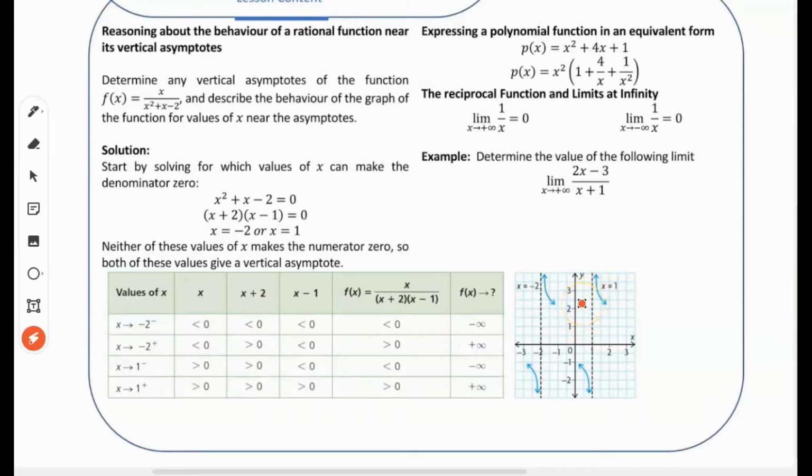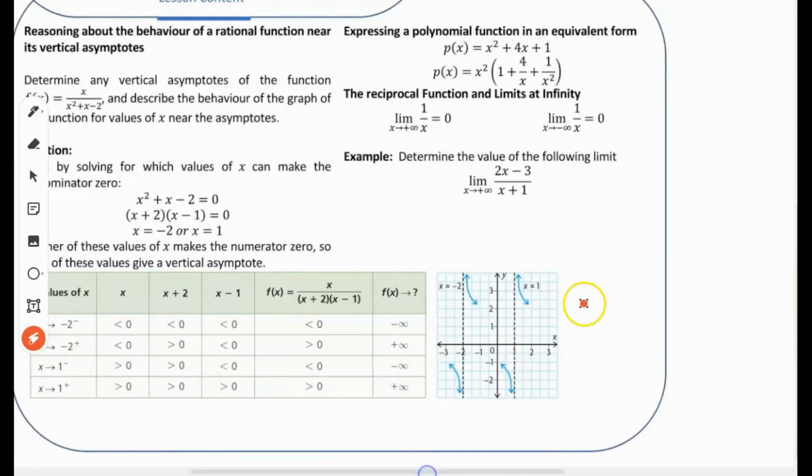Now I'm going to show you how to find a horizontal asymptote. There probably was a rule you learned in your previous course, but I'm going to show you where this rule actually comes from. Let's take a polynomial, like x squared plus 4x plus 1. What we're going to do is factor out any factor that would make that first term in the bracket equal to 1.